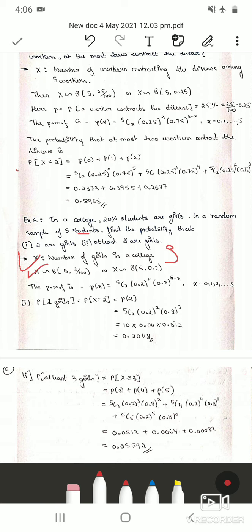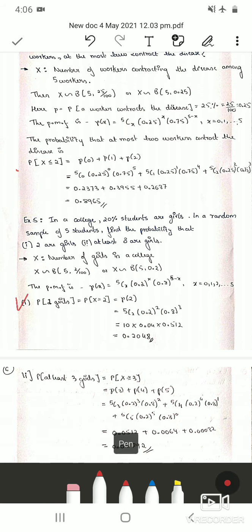So now x follows binomial with parameters 5, comma, sorry, it should have been 20 by 100. So please make a change, it is 20 by 100, not 2 by 100. So it is 0.2. Once you get n and p, you can write the PMF. So PMF is 5cx, 0.2 raised to x into 0.8 raised to 5 minus x. Here again x takes the range 0 to 5.